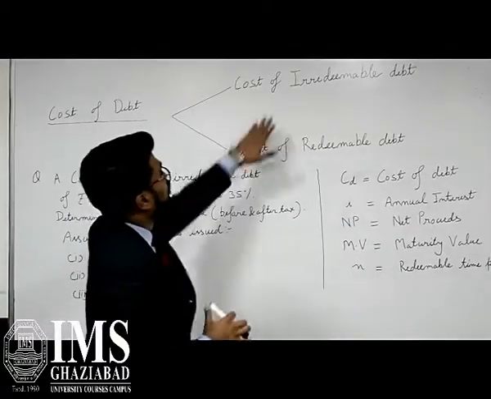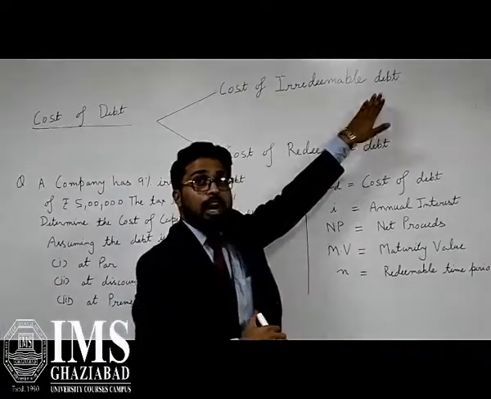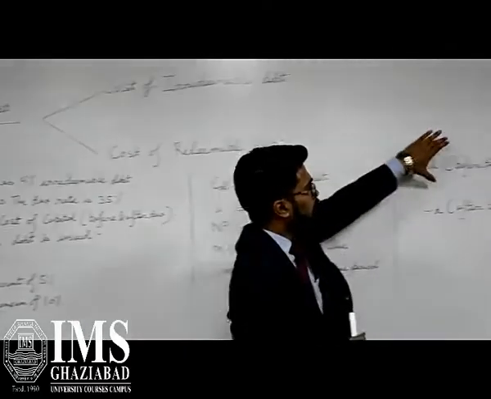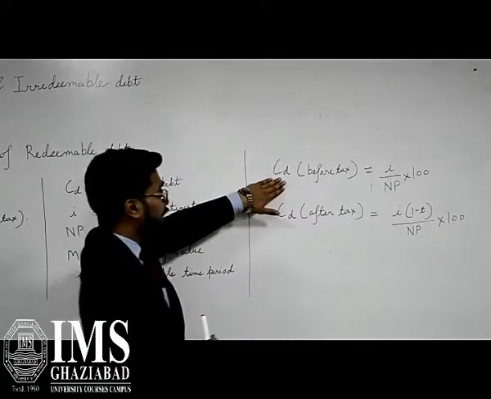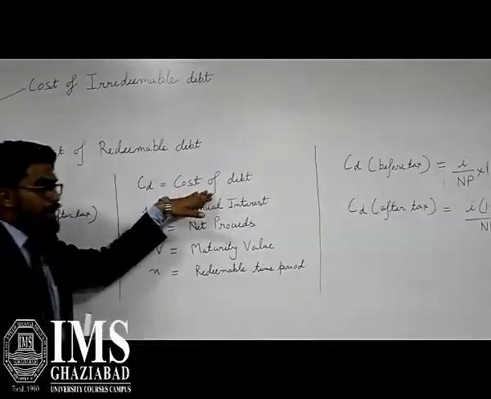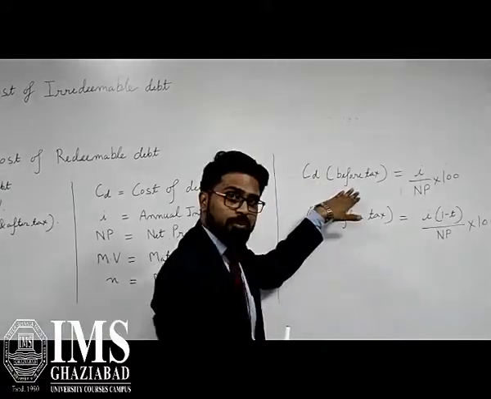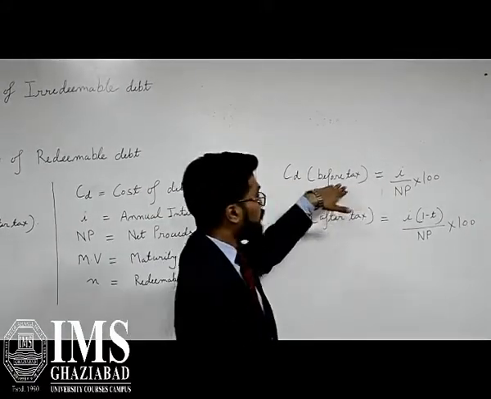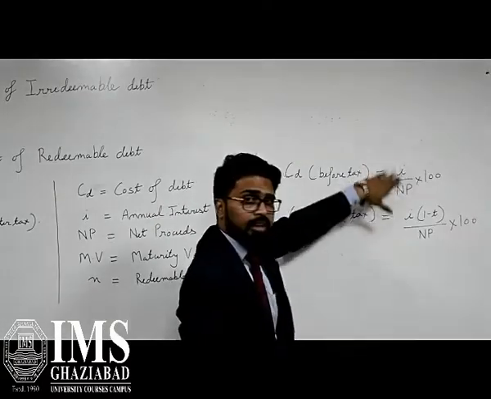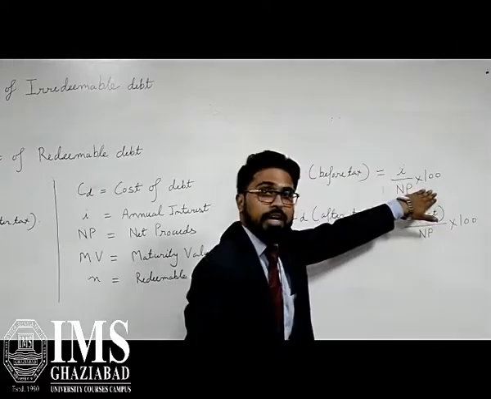So for cost of irredeemable debt, how do we calculate the cost? We use a formula: CD before tax. CD means cost of debt. The formula for cost of debt before tax is I divided by NP into 100.